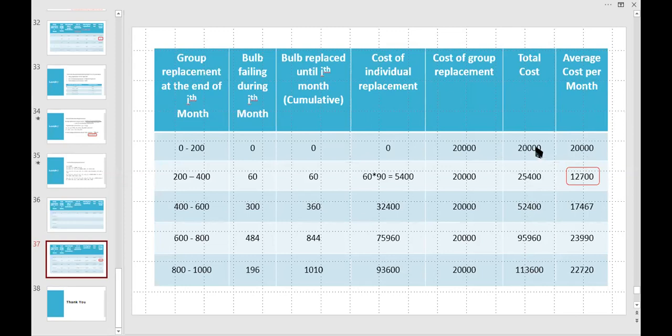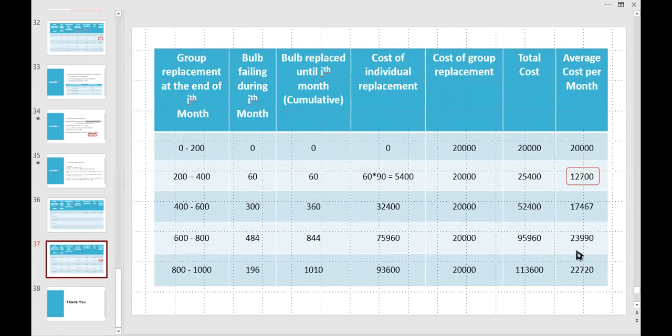So it is the total cost divided by the cycle. So it is 20,000 divided by the first cycle, 25,400 divided by the second cycle, so divide by 2, and 52,400 divided by the third, likewise the fourth and fifth. So we will be calculating the average cost.